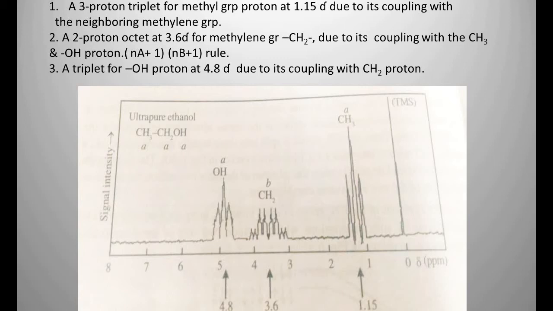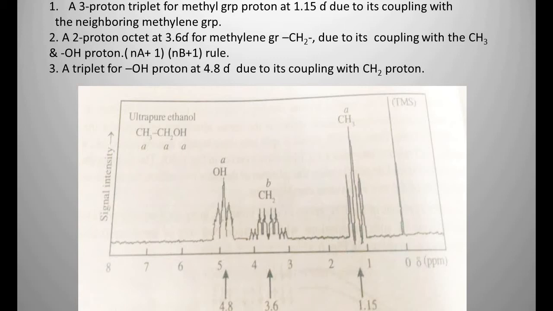Then a 2 proton octet at 3.6 delta for the methylene group CH2 due to its coupling with the CH3 on the left and OH on the right. So when you apply the (Na plus 1) into (Nb plus 1) rule to the CH2 proton, the 2 protons of CH2 are split into an octet, 8 lines.